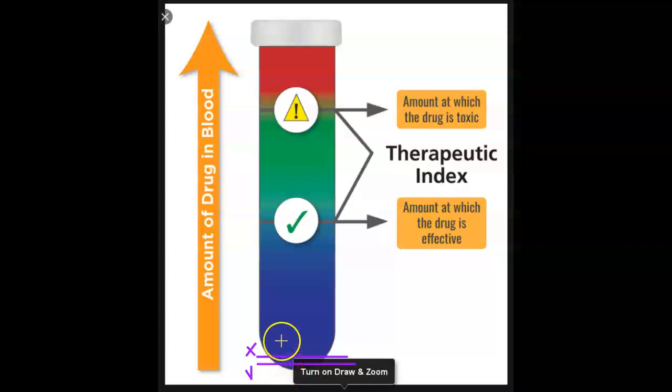Anything above 2 would be considered toxic for the patient. And then this little window is the sweet spot. So you can see here for this low therapeutic index medication that it has a narrow safety margin, because it's just this little sweet spot where that medication is going to be therapeutic without, again, too much. It would be toxic, not enough medicine to be therapeutic.